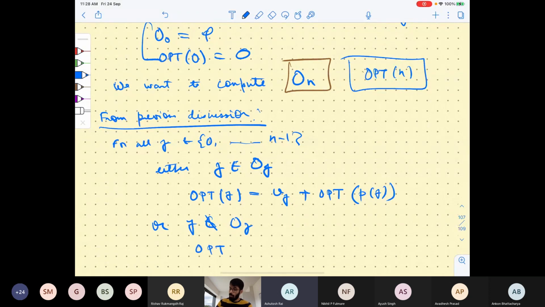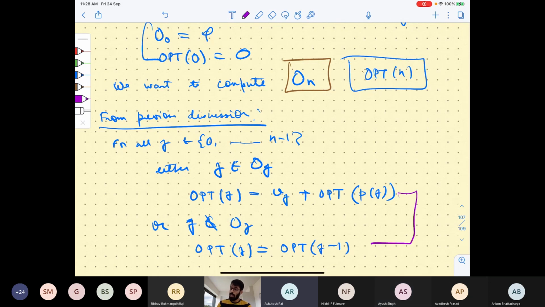And then what do we have? Opt j is equal to, what will be the value in this notation? Opt of j minus 1. Are these two clear or not?